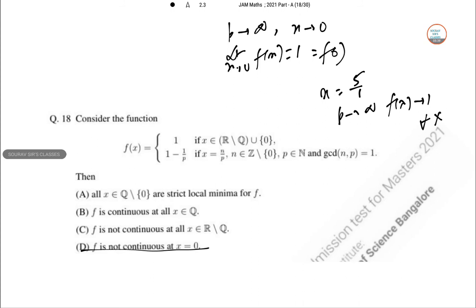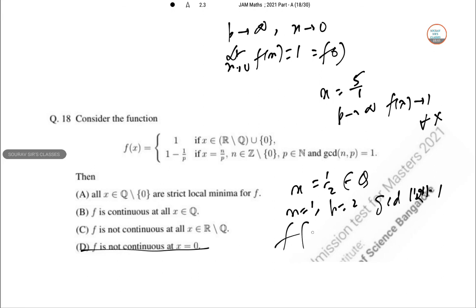And if x equal to half, belongs to Q, so n equal to 1 and p equal to 2, so GCD of 1 comma 2 is 1, f of half is 1 minus half, so half.